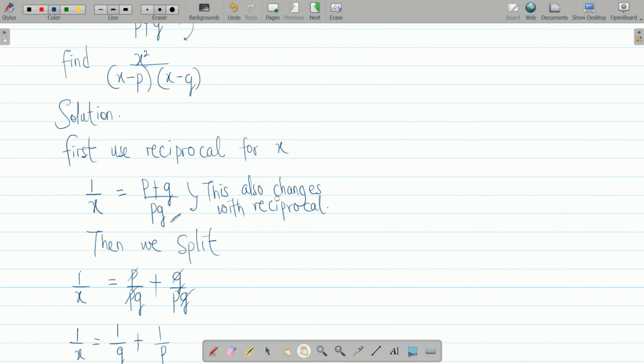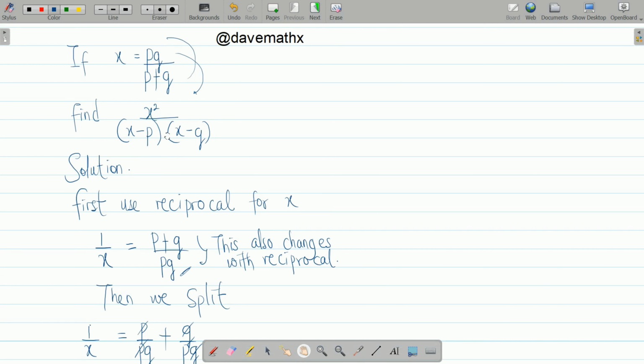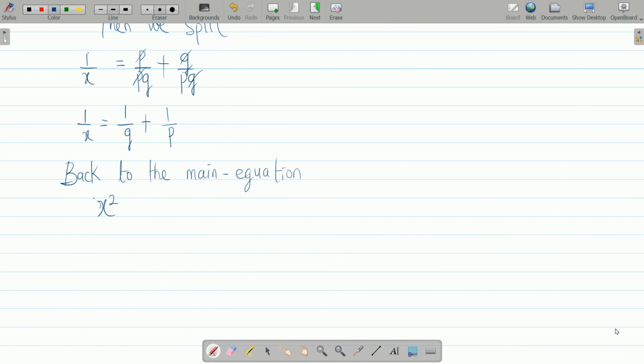Next we evaluate x square over x minus p and x minus q. We can split x square over x minus p and x minus q for an easier solution.